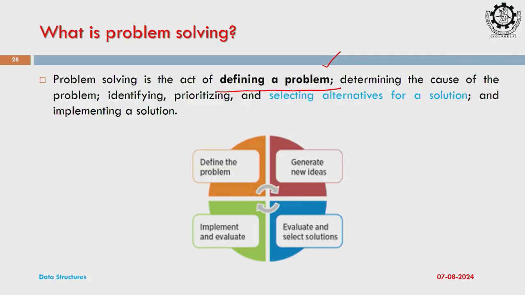Okay. So, the cycle is like this: defining a problem, generating the new idea, that is in terms of algorithm, after representation, evaluating the selected solutions. I can give you one example. When you are defining a problem and you try to represent it in the machine, you are selecting one data structure DS1, or another data structure DS2, because this data structure facilitates or restricts how you are going to design a solution.